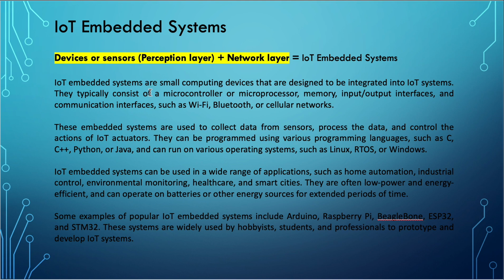IoT embedded systems are small computing devices that are designed to be integrated into IoT systems. In the first sentence itself, we know that it is a small computing device, so it has computing power. They typically consist of a microcontroller or a microprocessor, memory, and input-output interfaces.